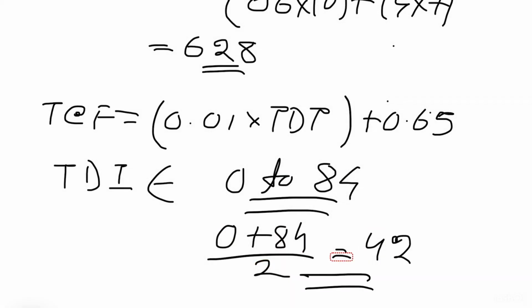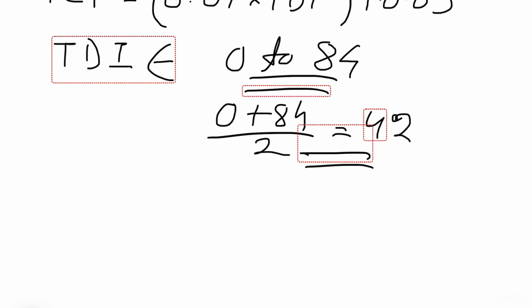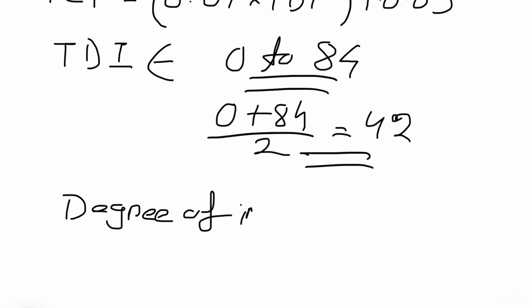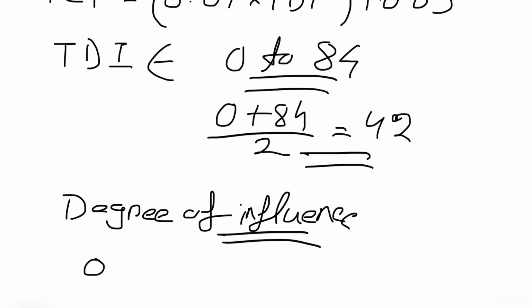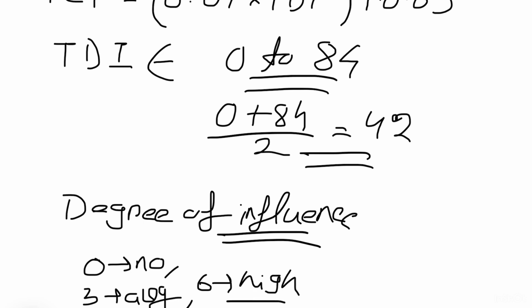Or you can find it another way, because the degree of influence has three parameters: 0 means no influence, 3 means average, and 6 means high.